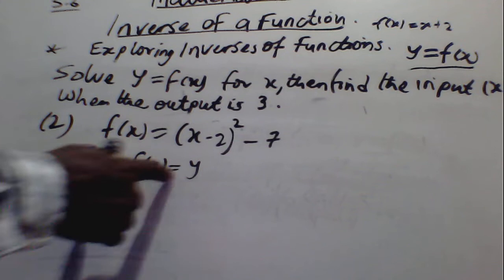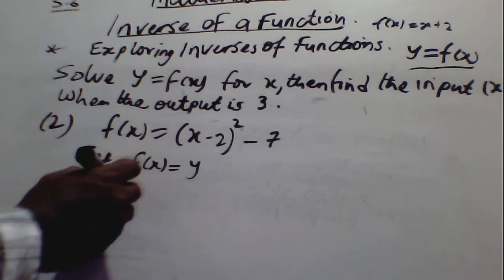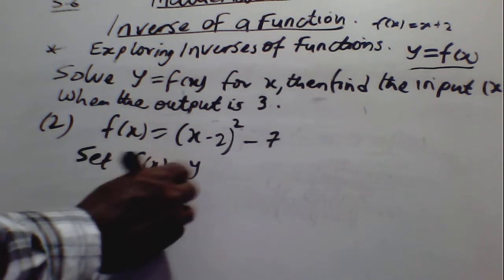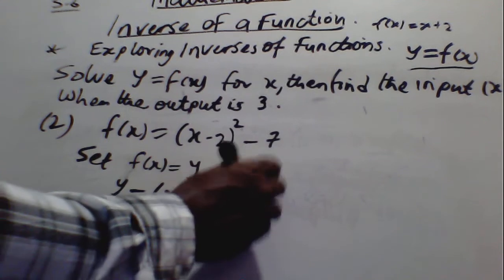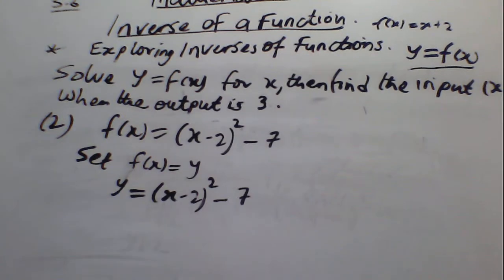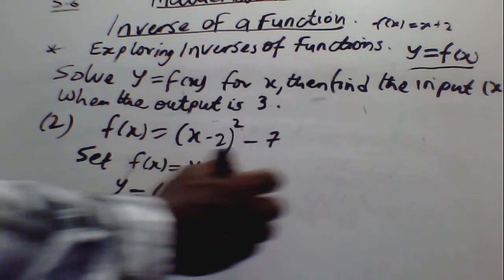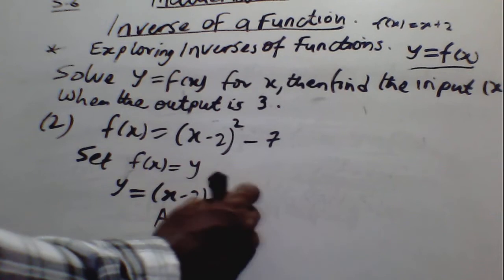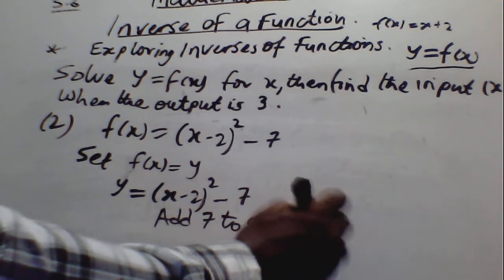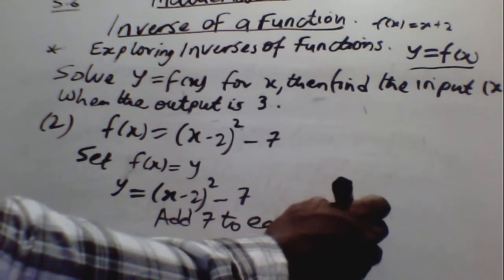So set f of x equals y. We now have y equals x minus 2 all raised to power 2 minus 7. So how do we make x the subject? Add 7 to both sides, each side of the equation.